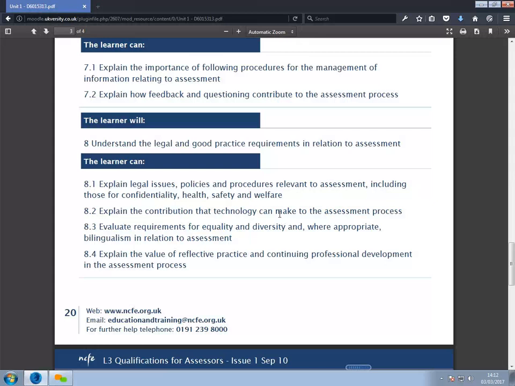The contribution that technology can make to the assessment process has really taken over these days. Very few organisations will complete paper-based portfolios. It still occurs quite often, but it's getting less and less. Quite often now, evidence is being compiled on electronic portfolios.